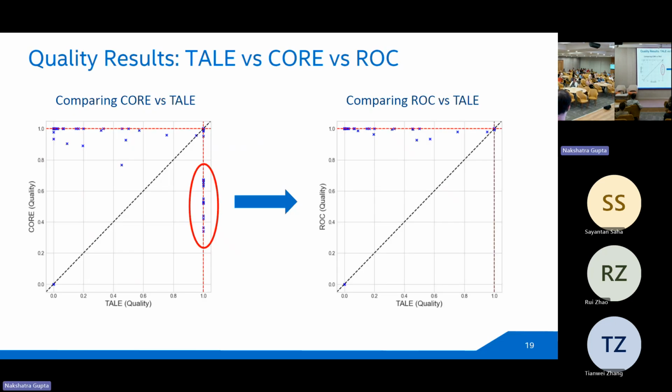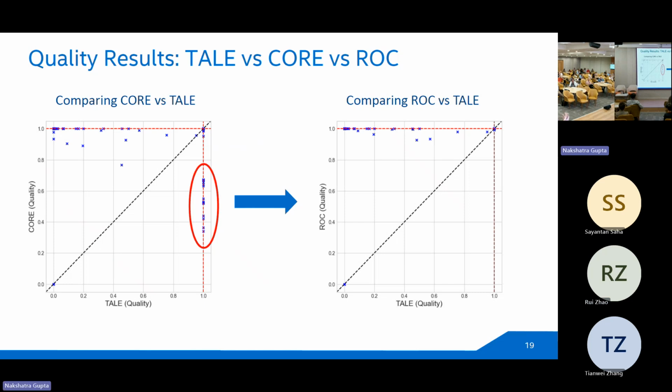So a little bit of a dive in. Here we have plots of core versus tail and ROC versus tail in terms of quality. So here are instances where tail outperforms core in terms of quality. For example, tail managed to get 1 out of 1 in terms of quality, and core only managed to get, let's say, 0.42.